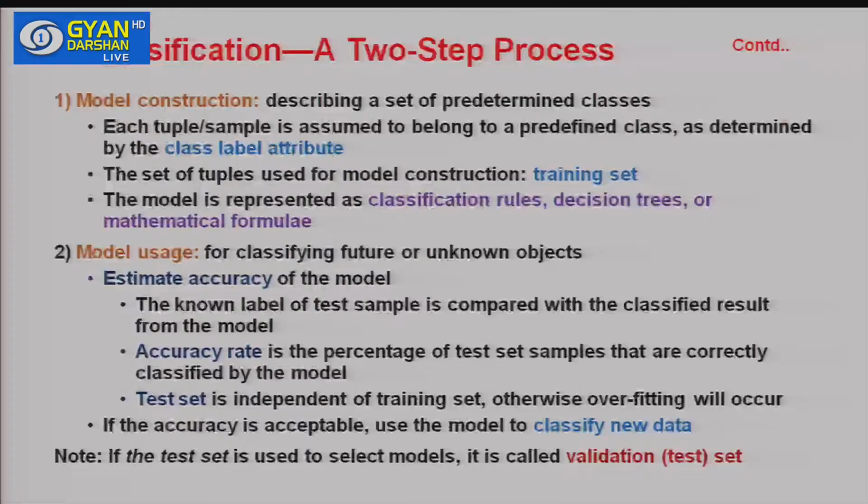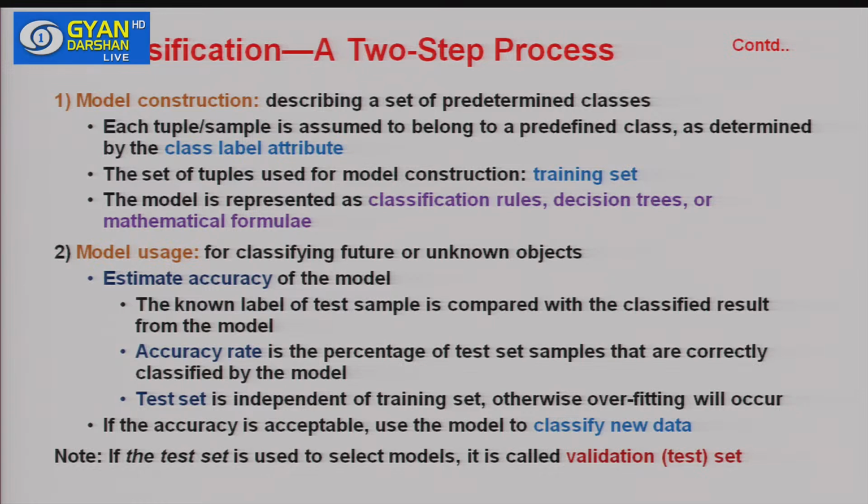After constructing the model, the second step is how we are going to use the model. In model usage, we are going to classify future or unknown objects. This can be done by estimating the accuracy of the model. The accuracy rate is the percentage of test samples that are correctly classified by the model.